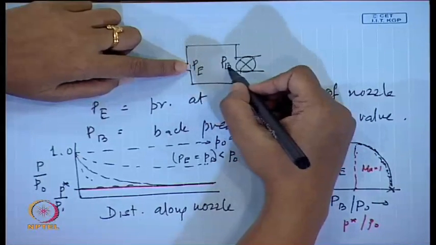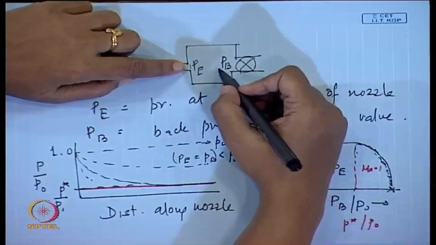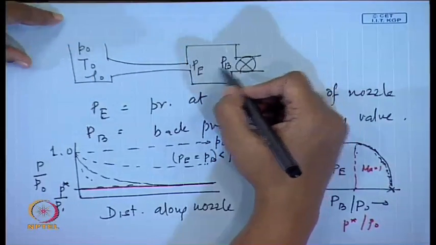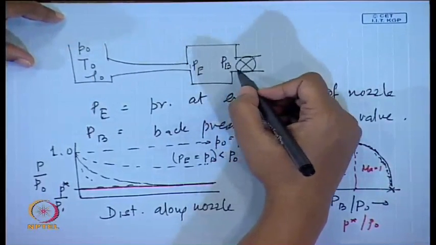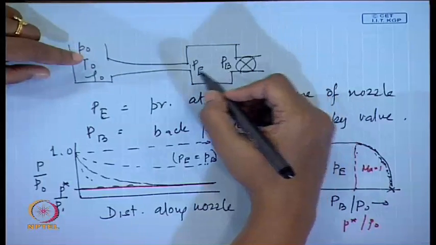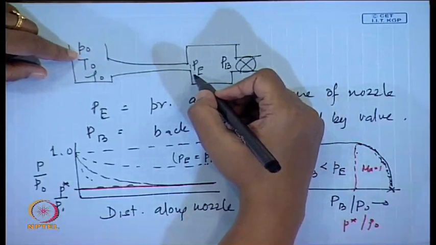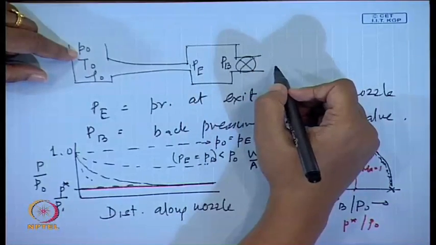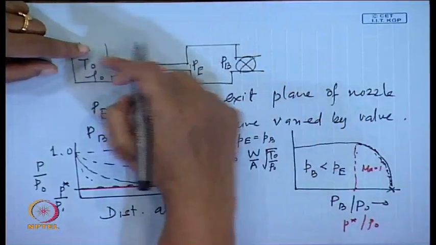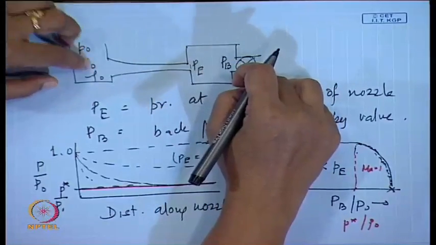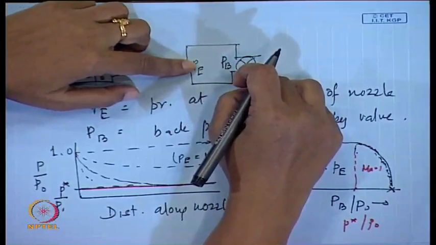Then after here what happens, the compressible fluid expands isentropically in order to match this reduction in pressure. Is it clear to you? What happens once the choked flow condition is arrived, or choked flow means P_E equals P_B equals P star. Till that portion P_E is equal to P_B and your flow keeps on increasing.